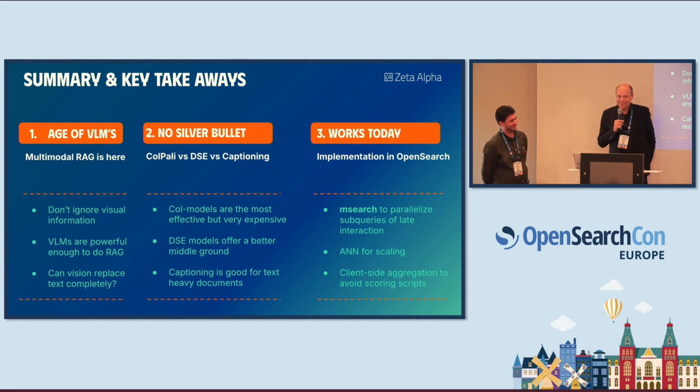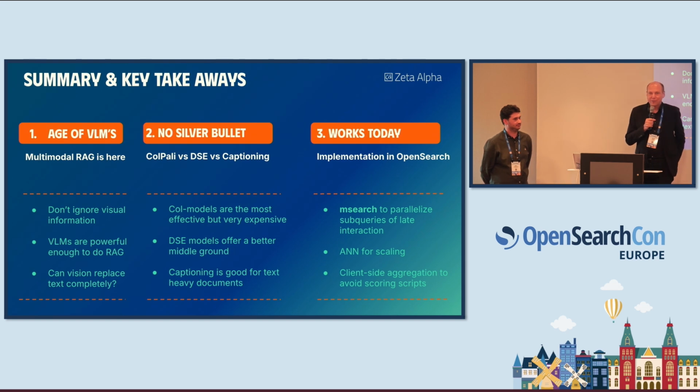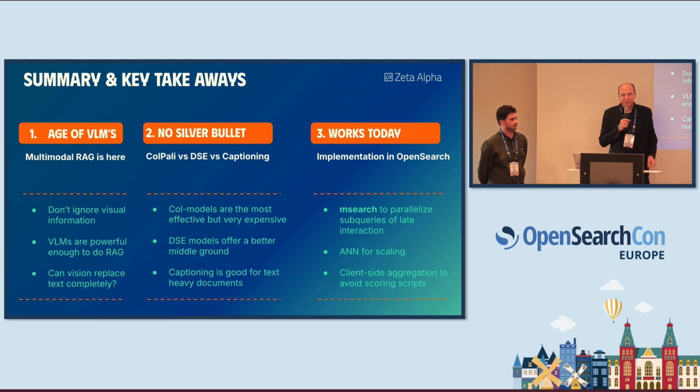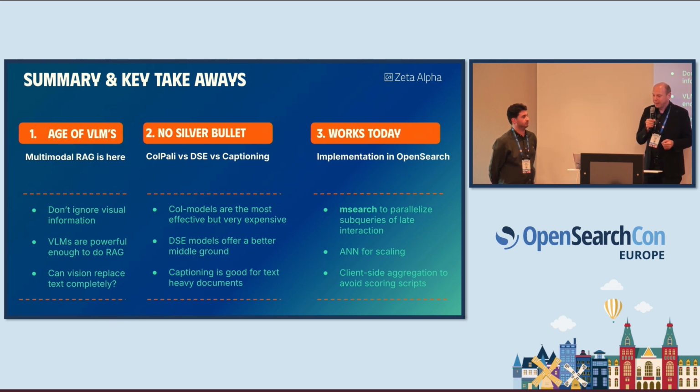All right, so I think ColPali has really shown a very innovative approach to reshuffle the whole retrieval pipeline. Obviously, with the multiplication factors in the amount of embeddings and vectors that you get, there's still a lot of research to do to reduce that. And you see that basically the gap between ColPali and DSE and captioning is not so radical if you look at the search relevance. So trade-offs have to be made and things still have to be invented.